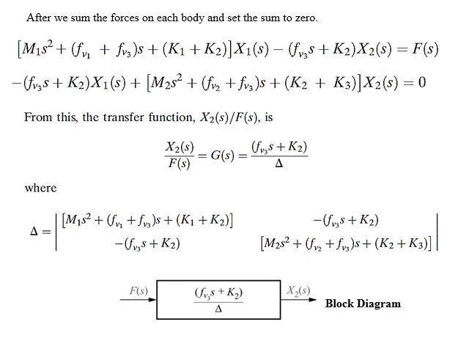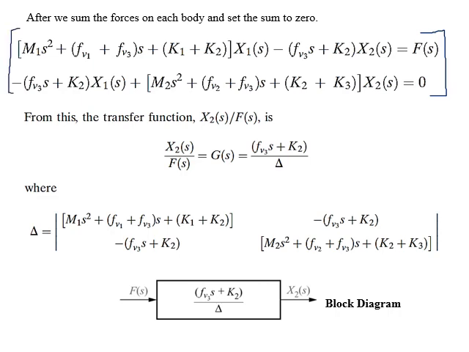We will repeat this process for each free body diagram, and with a little rearrangement we'll obtain our desired equations of motion. We will solve these equations for our desired transfer function, which is x2 of s over f of s.